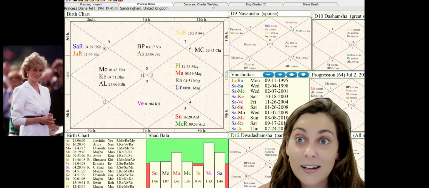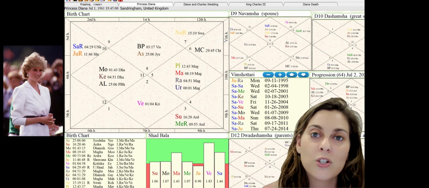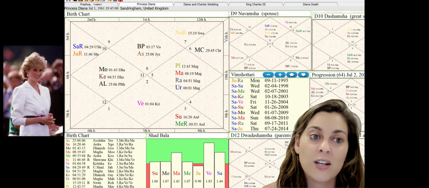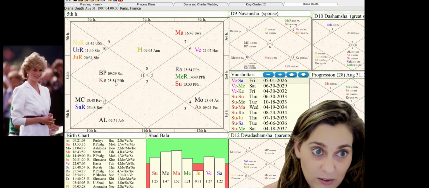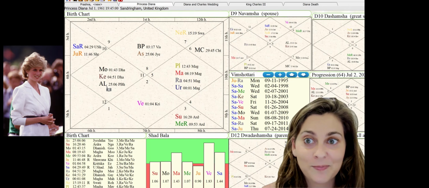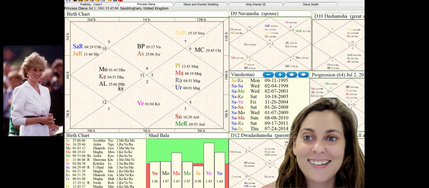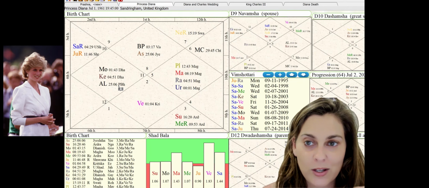She was also in her nodal return, not to the degree, but Rahu was transiting Leo and Ketu was transiting Aquarius. What I find super interesting is Ketu was at 25 degrees and 54 minutes of Purva Bhadrapada. Back to her chart, her Aruda Lagna is at 25 degrees Purva Bhadrapada. Aruda Lagna is who we think she is, what the other people see.